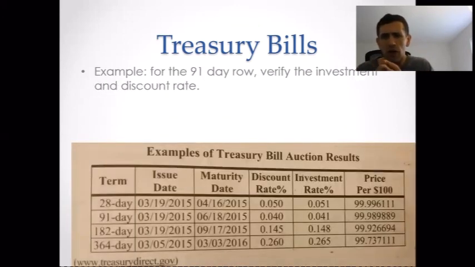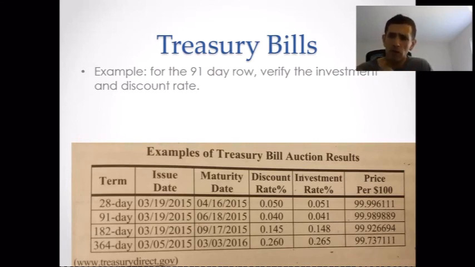So I took this chart according to the book. It was taken from treasurydirect.gov from March 2015, describing the interest and discount rates for these treasury bills.